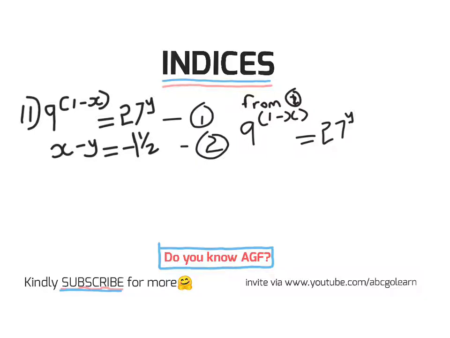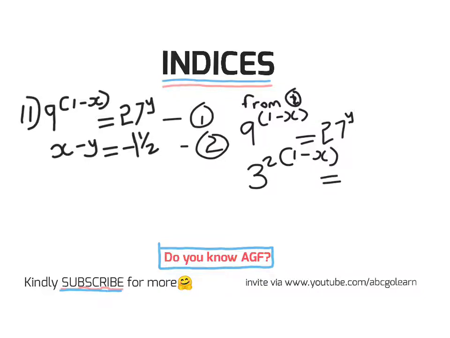Now, if you want to solve this, you would have it in terms of 3 raised to power 2. 9 is the same thing as 3 times 3, so you can say 3 raised to power 2, into bracket 1 minus x. Now close the bracket.